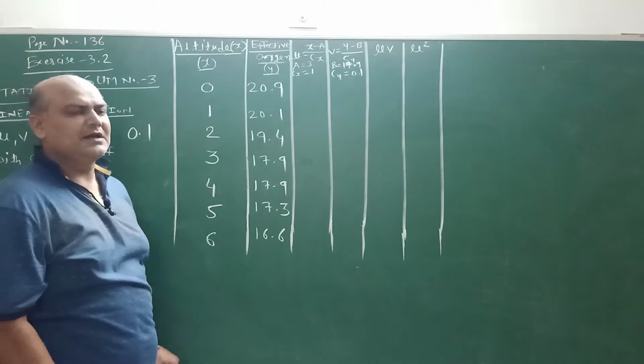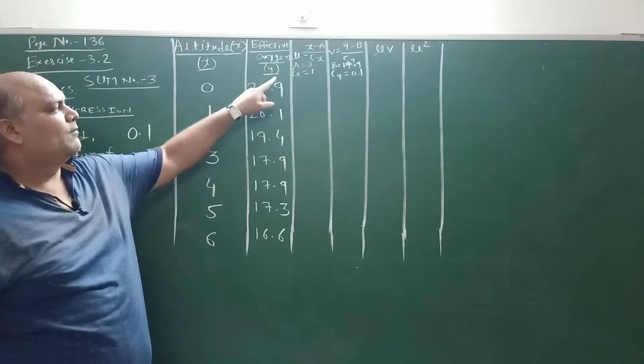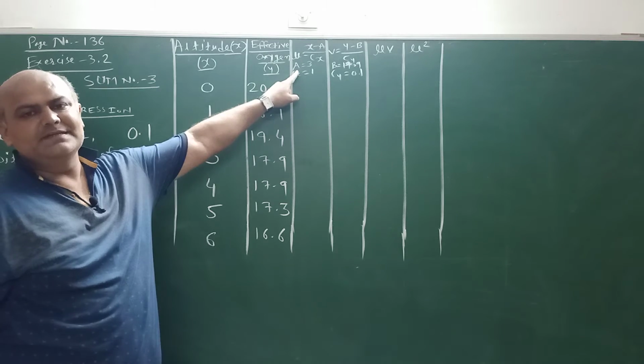Now we do the calculation one by one. 0 minus 3 means minus 3.